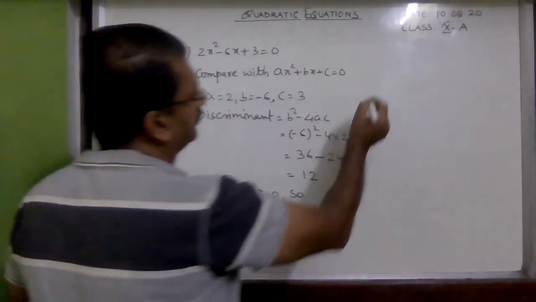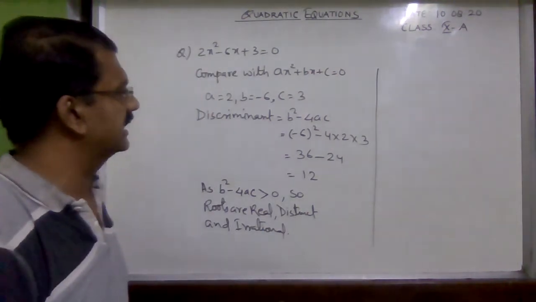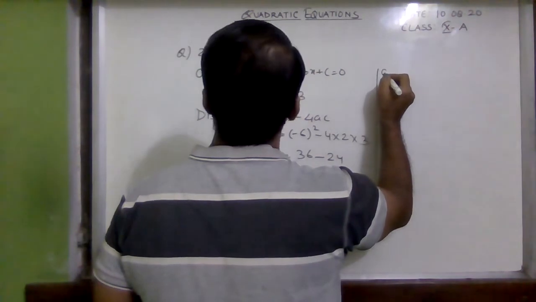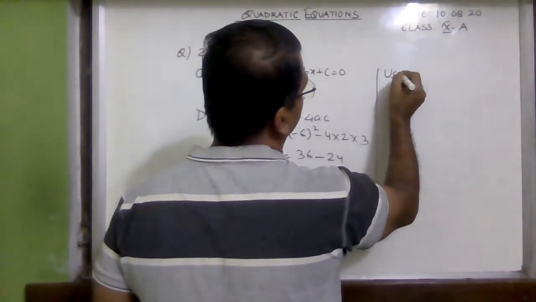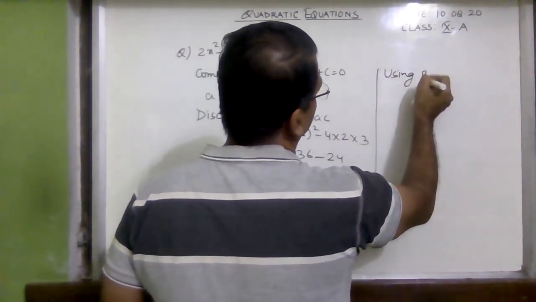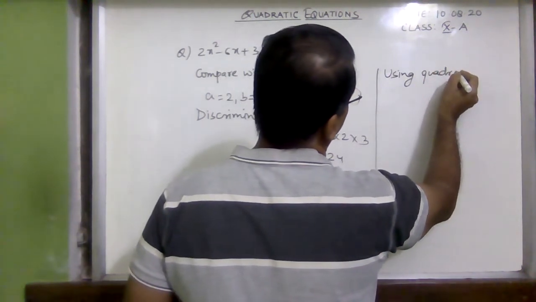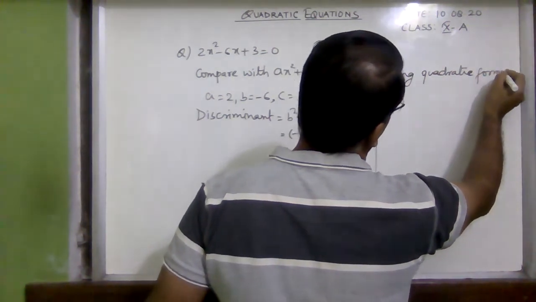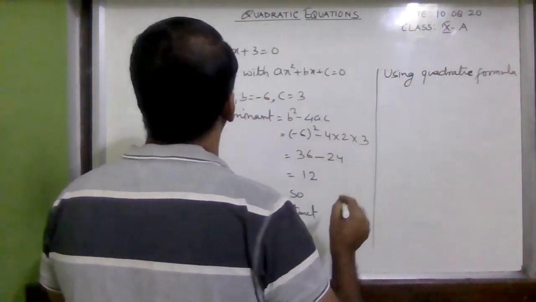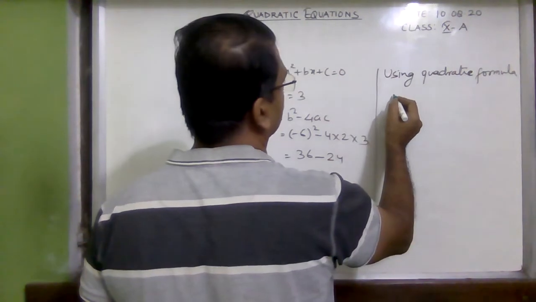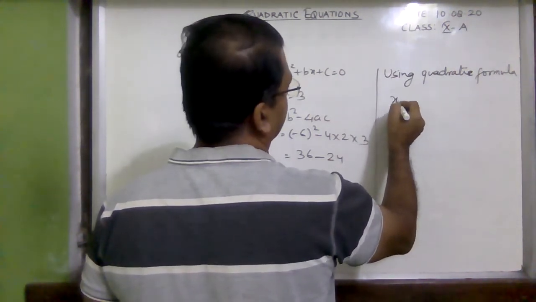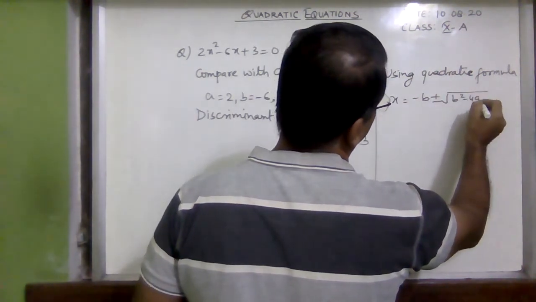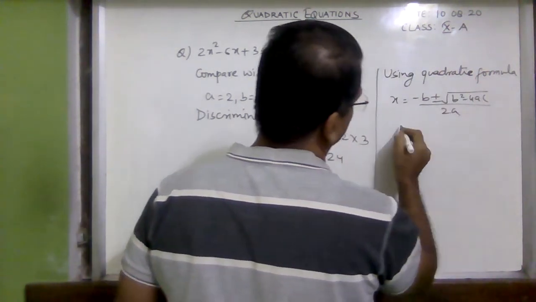So once again we'll check our answer by applying the quadratic formula. So you write using the quadratic formula, x = (−b ± √(b² − 4ac)) / 2a.